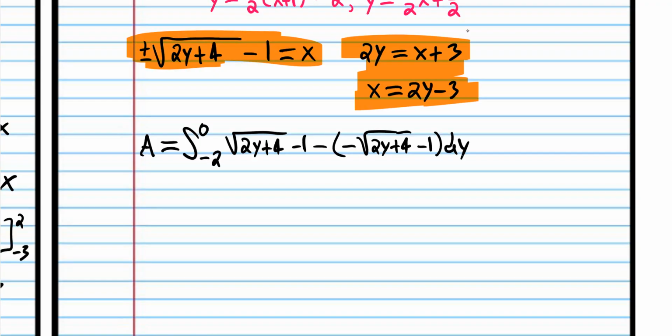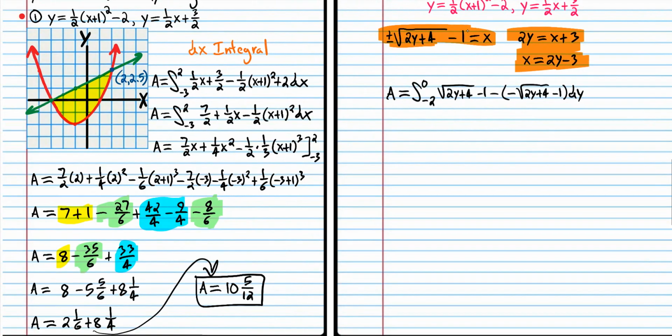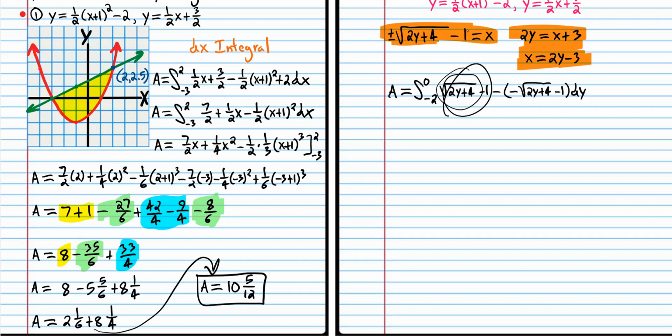And again, it's going to be a dy integral. So again, we have the positive root version of the red graph, and then we're subtracting the negative root version because this x value is bigger than this x value.